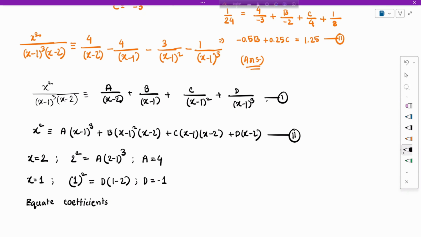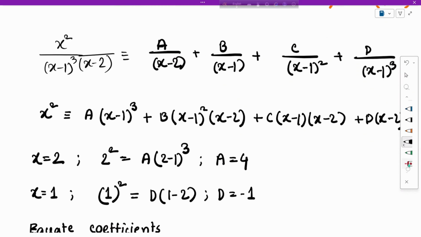Notice for a second that with b there is an x minus 1 whole square, so there is going to be a value of x square in this expression, and this one is multiplied with x minus 2.